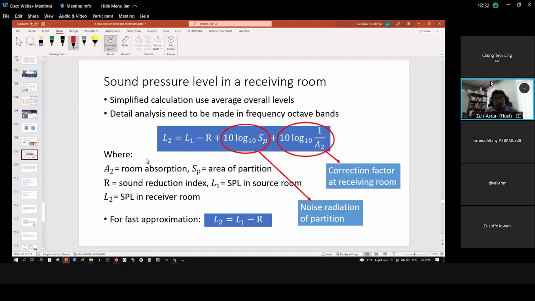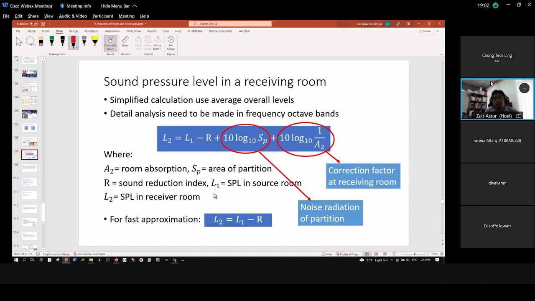For simplicity, we can also do a quick approximation. This will depend on the parameters of the partition itself. If we know the dimension of the partition and the material of the partition, normally we'll have spec sheets for this material, so we can calculate the sound transmission index or sound transmission loss for the partition.